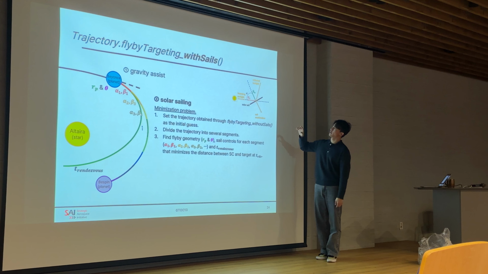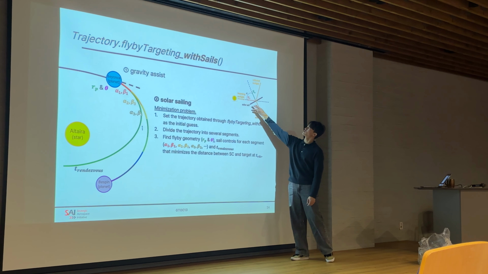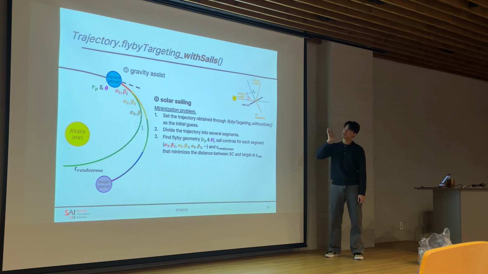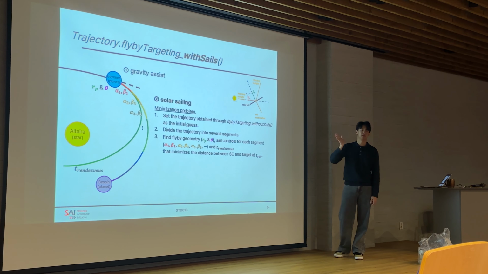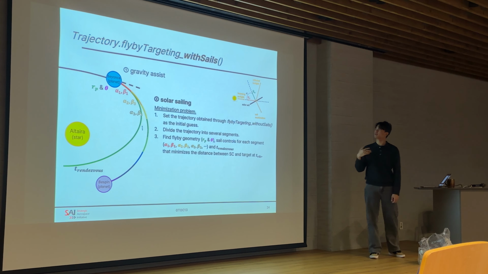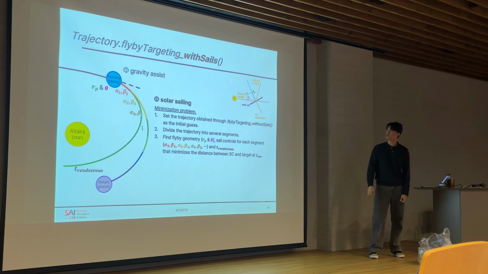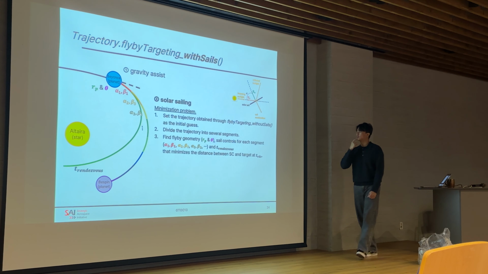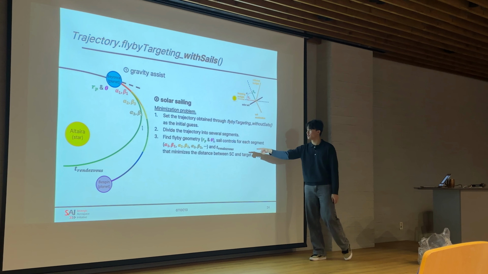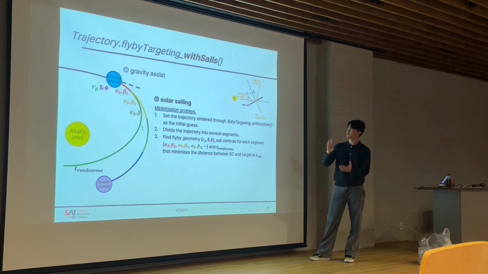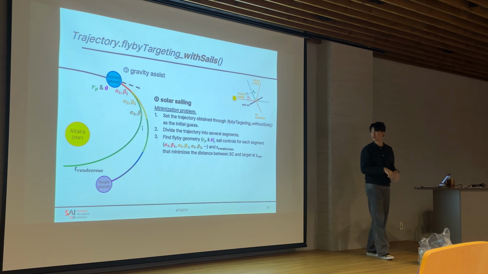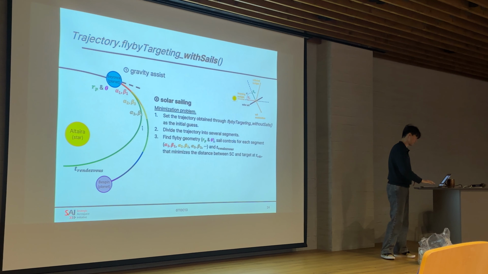The first angle alpha describes how much momentum you'd be taking from those photons. And the second angle beta explains in what direction we would be posing the momentum to change our spacecraft's direction. So what we want to do is find the controls for each segment, that is alpha 1, beta 1, alpha 2, beta 2, and so on, plus the flyby geometry and T rendezvous, such that it minimizes the distance between spacecraft and target at the rendezvous time.